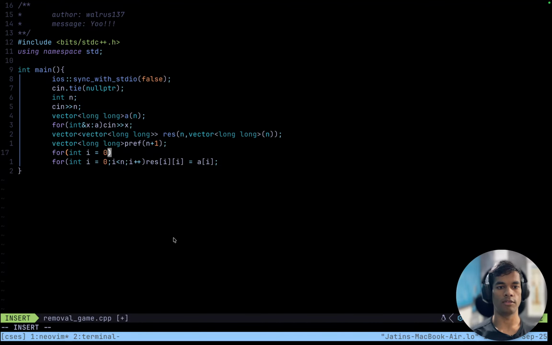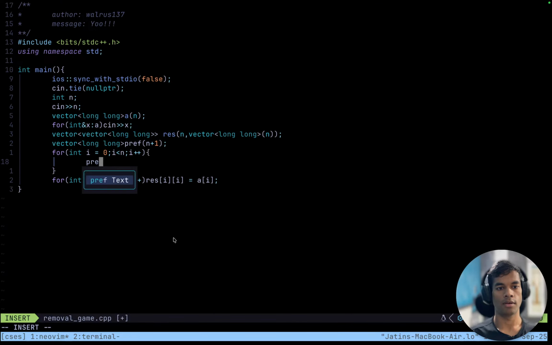For int i equals 0, i less than n, i plus plus, we have to fill this prefix: ref i plus 1 equals ref i, the earlier value, plus a i.